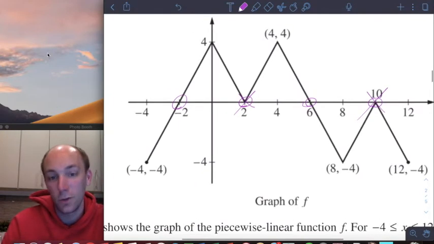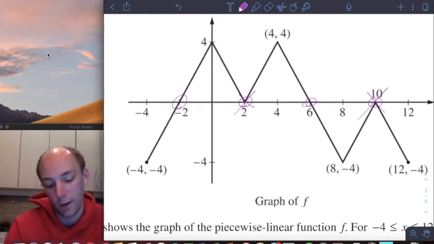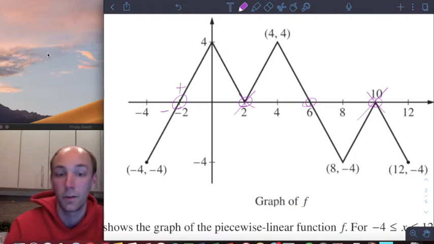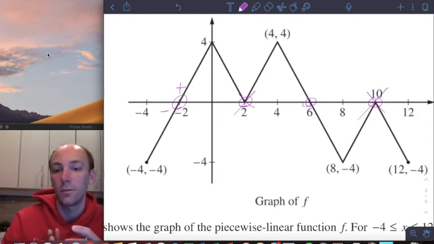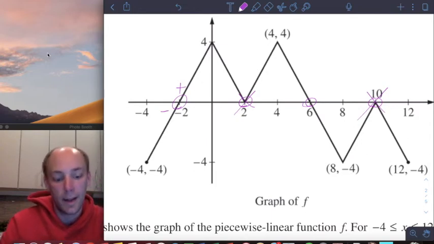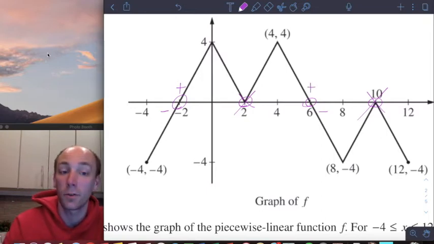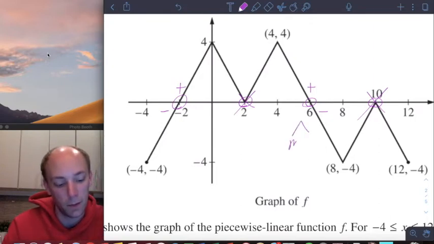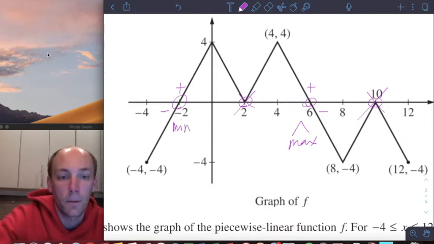At -2, I do have the possibility of a minimum or maximum because the graph of f changes from negative to positive. My first derivative changes from negative to positive. At 6, I change from positive to negative. That first derivative changes from positive to negative, so I could potentially have a maximum here, and I could potentially have a minimum there, okay?